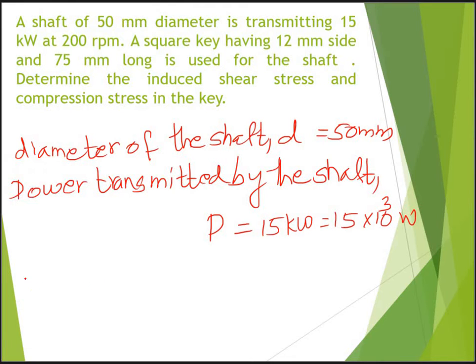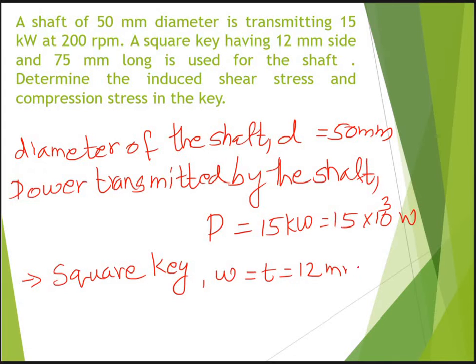And we are using a square key having 12 mm side, so the width of the key is equal to the thickness of the key is equal to 12 mm, and the length of the key L is equal to 75 mm.